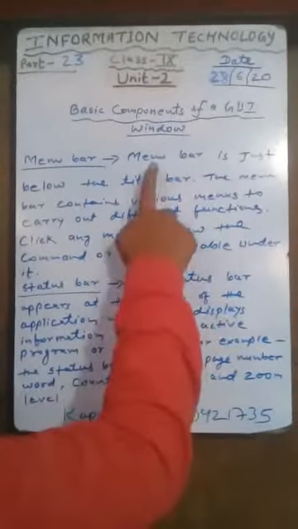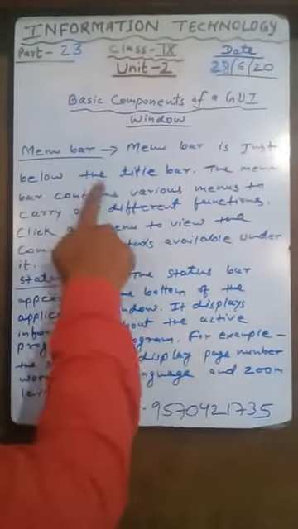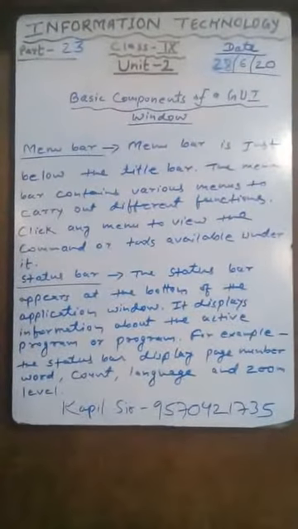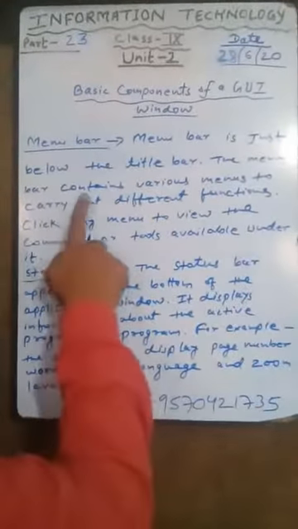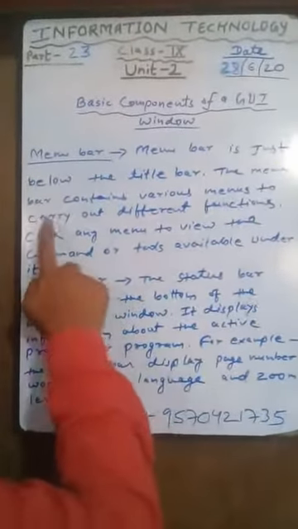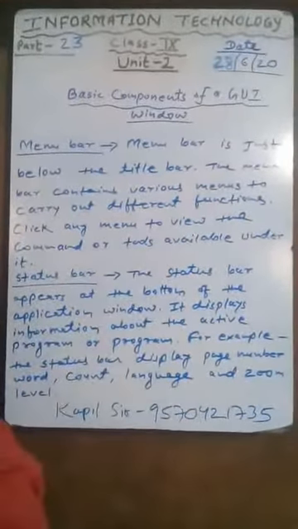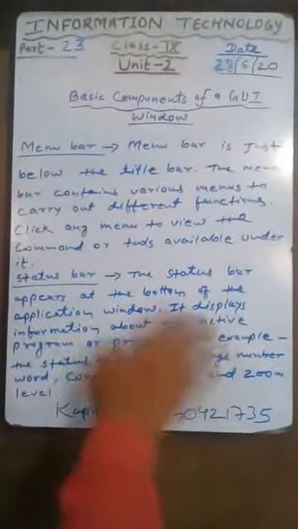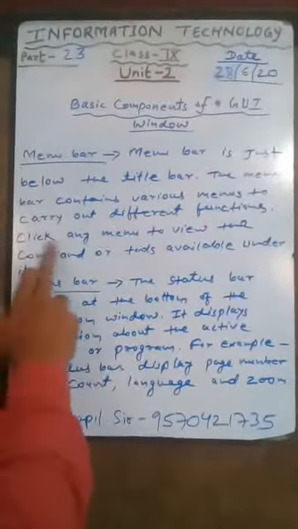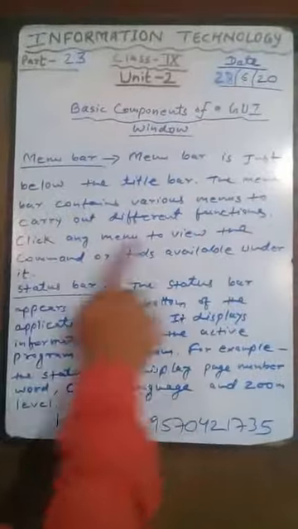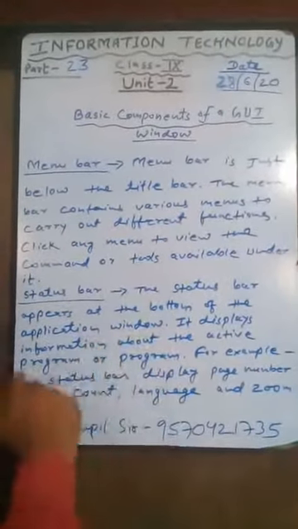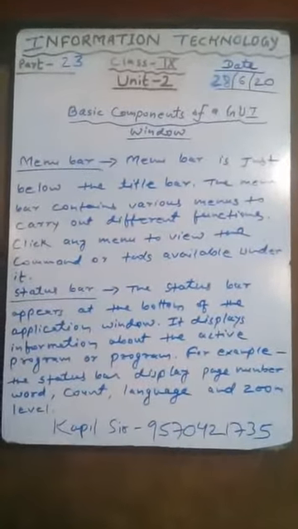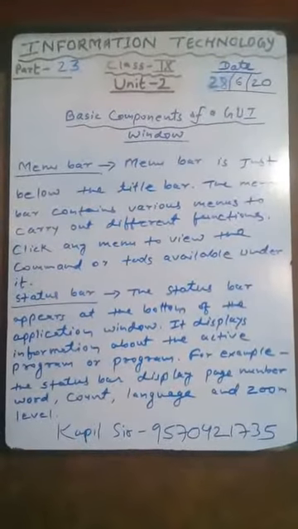The menu bar contains various menus to carry out different functions. Click any menu to view the commands or tools available under it. That means the menu bar is available at the bottom of the title bar.